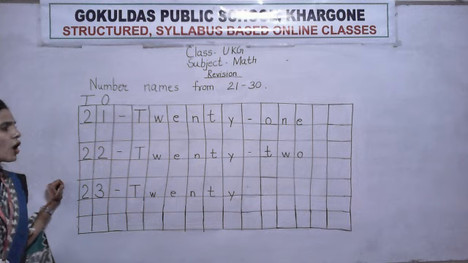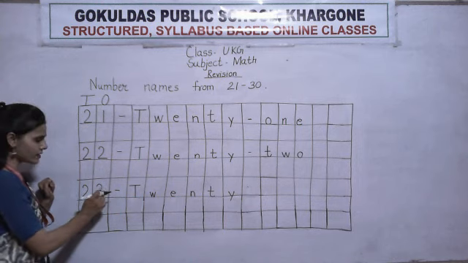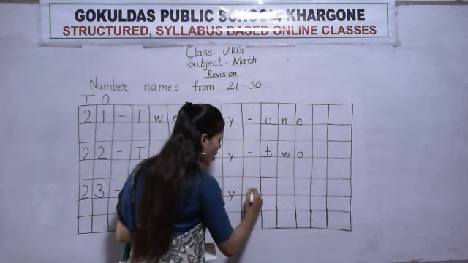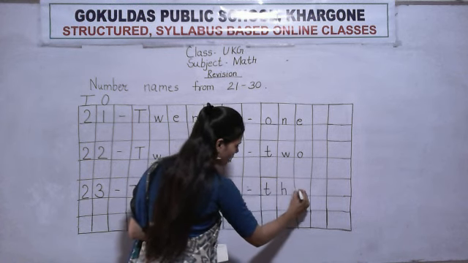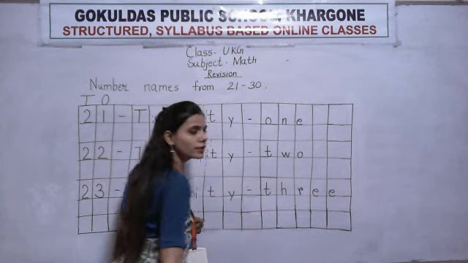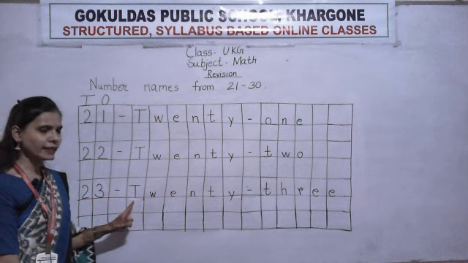Now, which spelling do you join? Which number is this? 3. So here we join the spelling of 3: THREE. So what is the spelling of 23?